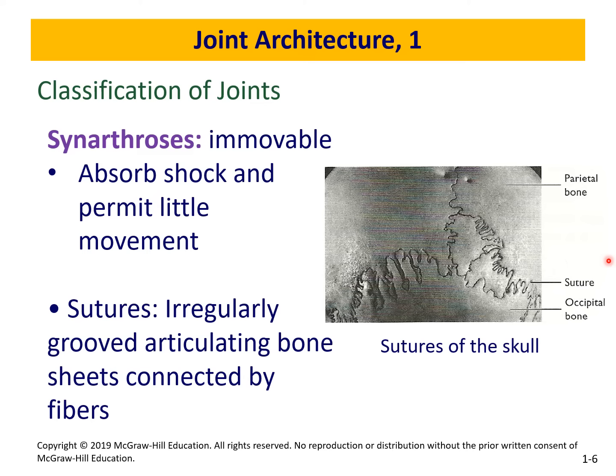Now, do you know why we have this grooving in the skull? Have you thought about why we have this grooving in the skull? Why do we have this irregular shape? Securing the contact between the plates of the skull. And the other thing is that we have our brain, and we have pressure inside the brain.